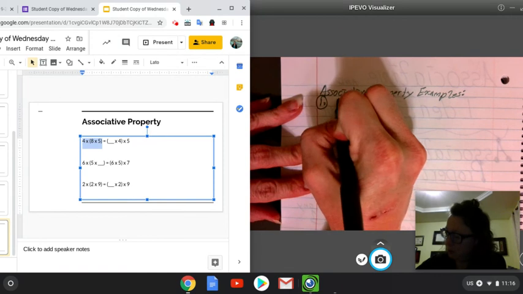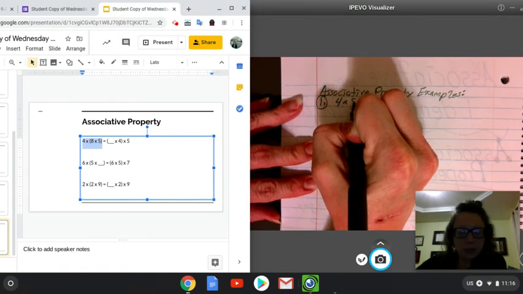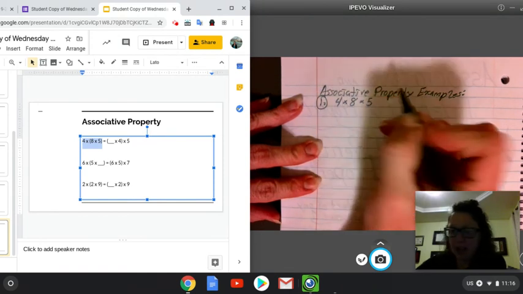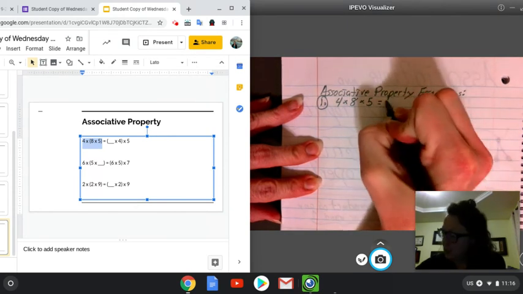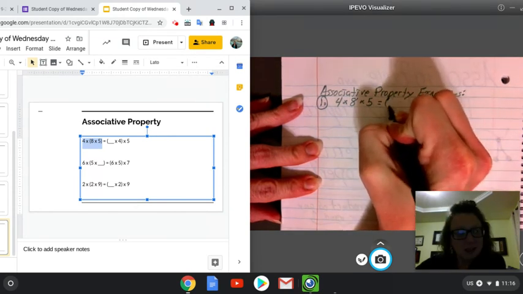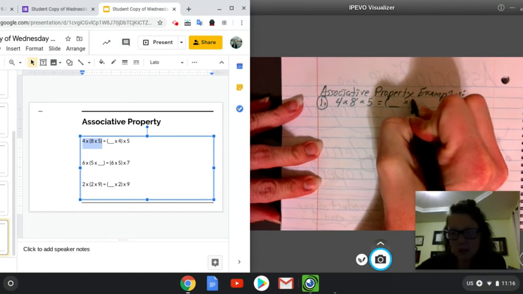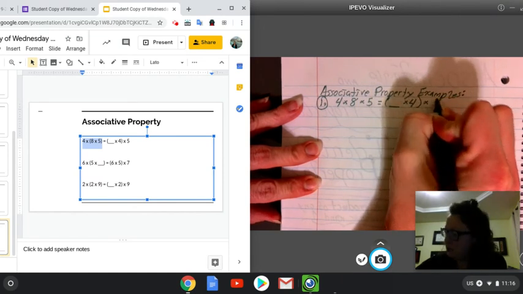First one, we see a 4, an 8, and a 5. And then there's an equal sign times 4.